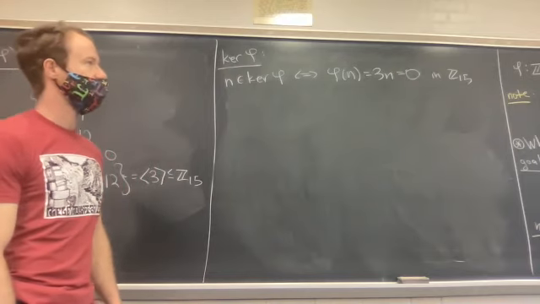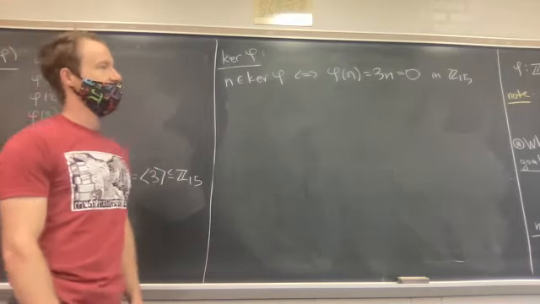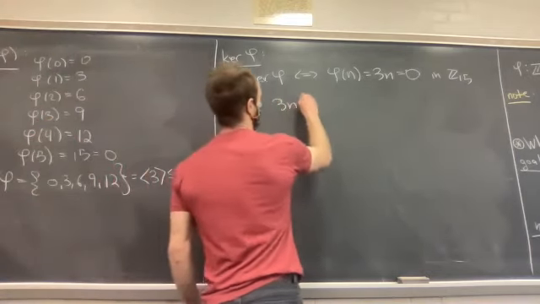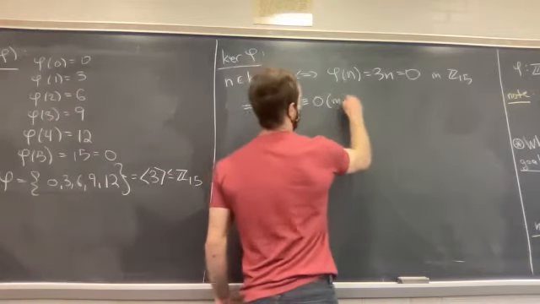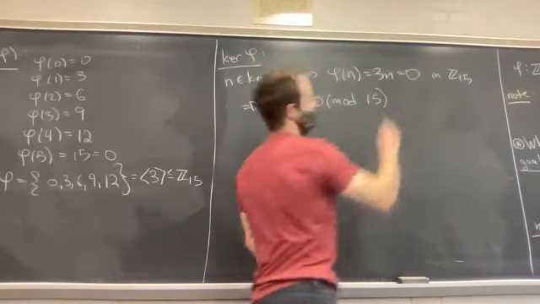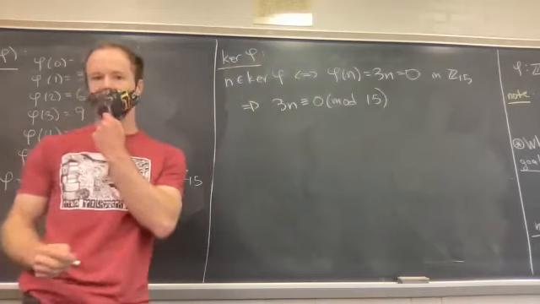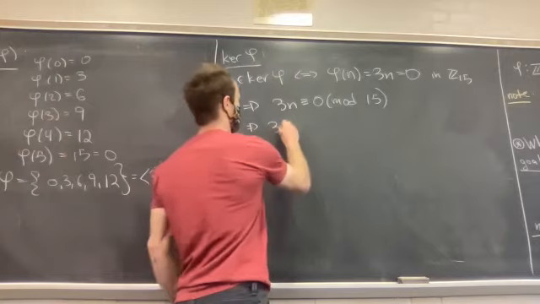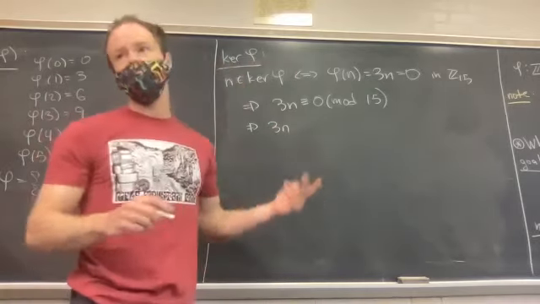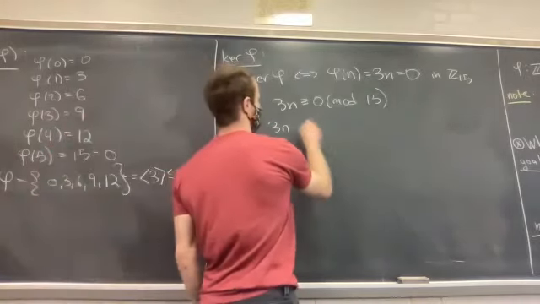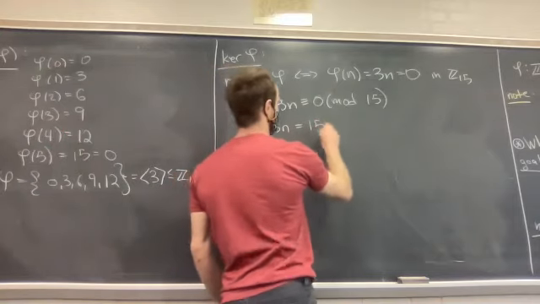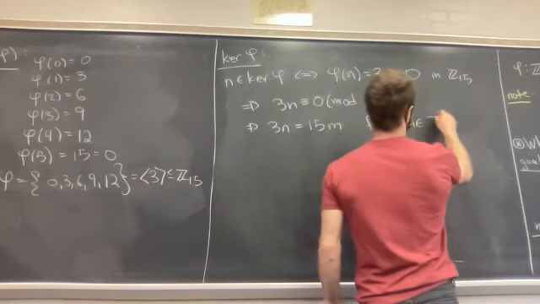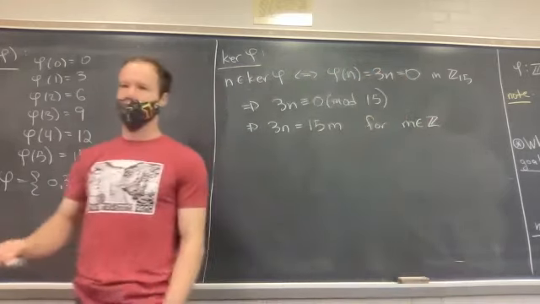What is equal to 0 in Z15? That means 3n is congruent to 0 mod 15. That's what it means to be equal to 0 in Z15. But that means 3n is a multiple of 15, so it's equal to 15m for some m in Z.